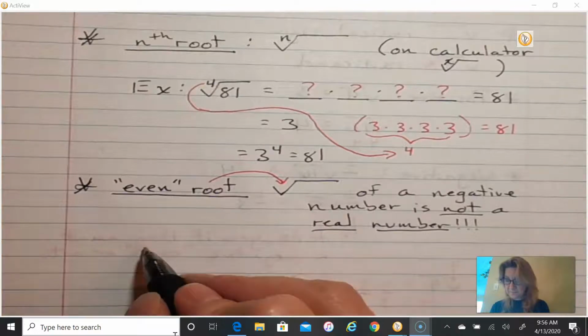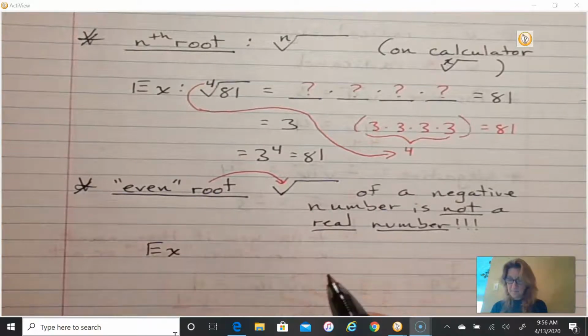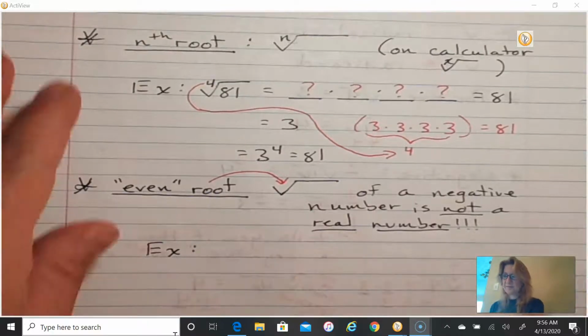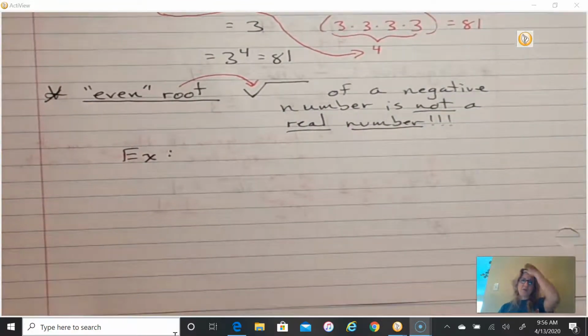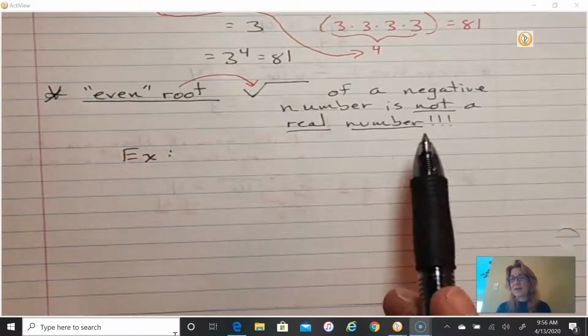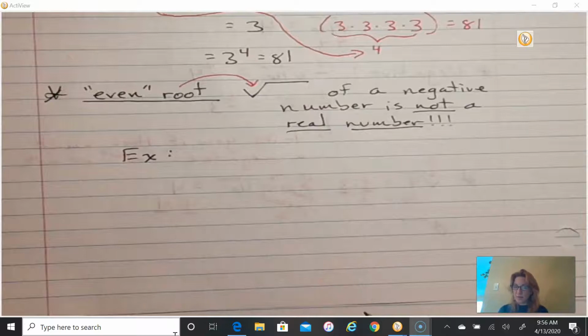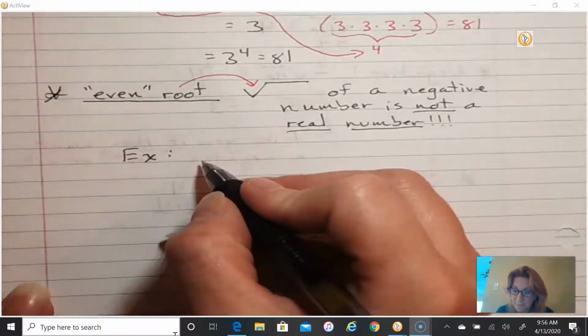So even root, when they say even roots, we're talking about 2, 4, 6, 8, 10, 12, 14, 16. Okay, an even root of a negative number is not a real number. Let me show you why.